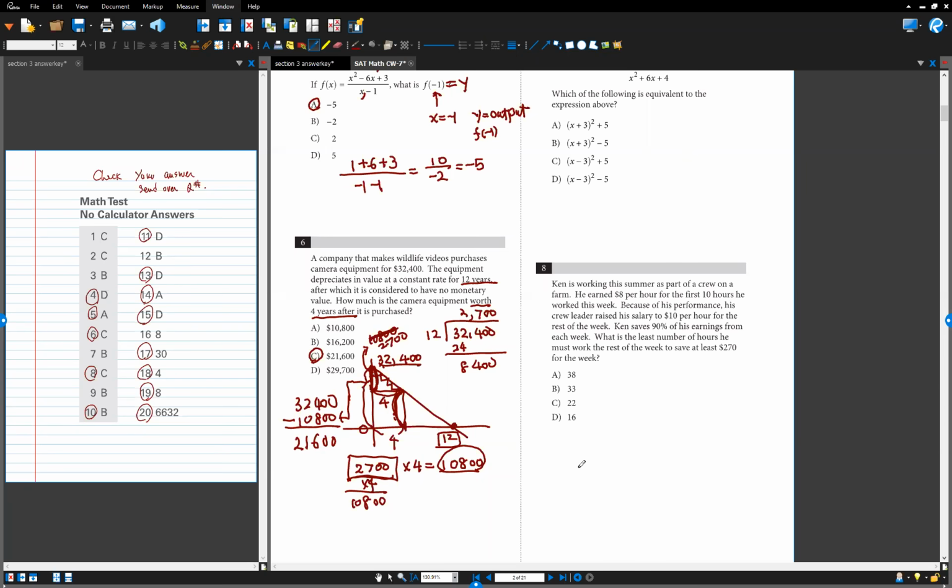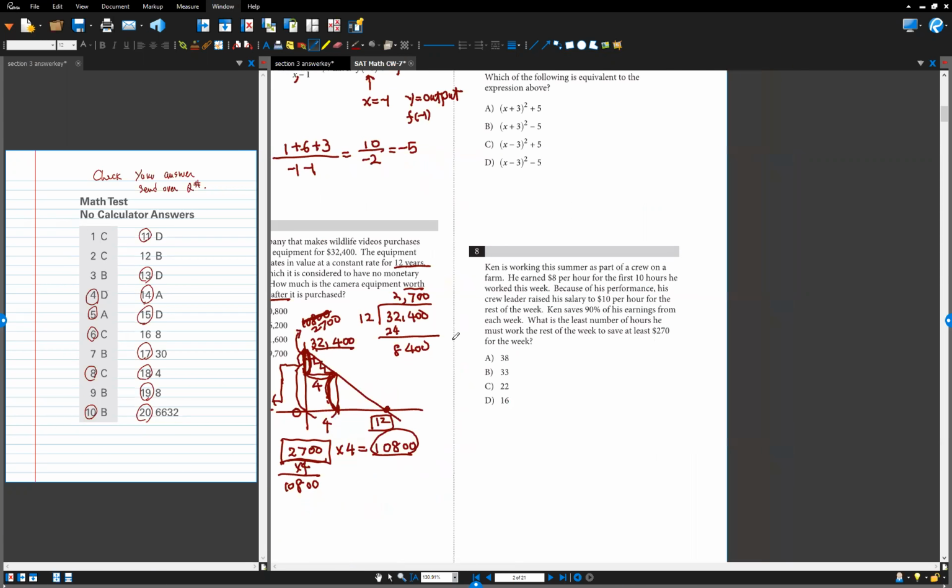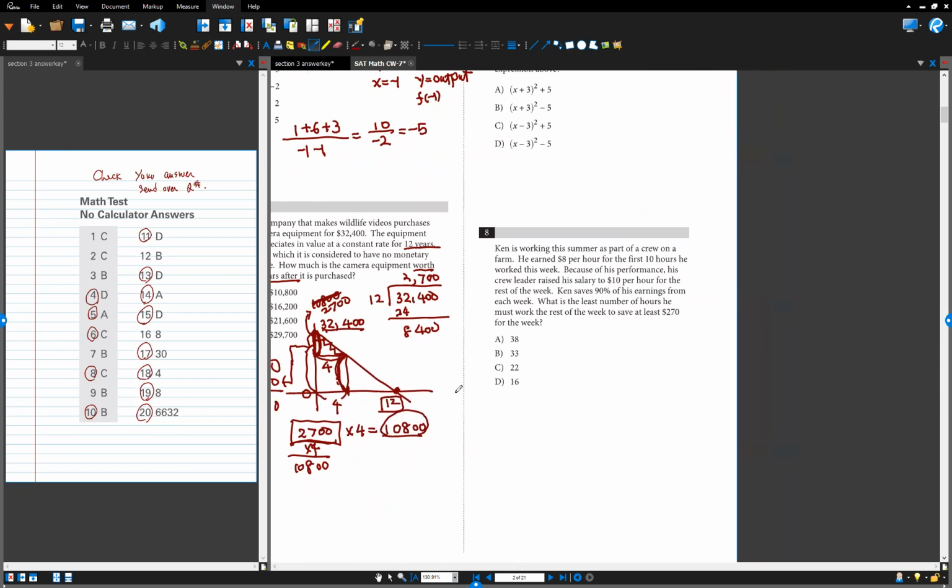All right, now number 7 is okay. Number 8. Ken is working this summer as part of a crew on a farm. He earns $8 per hour. That's the rate, and it depends on the number of hours. For the first 10 hours, every hour he is paid $8, so 10 hours is $80.